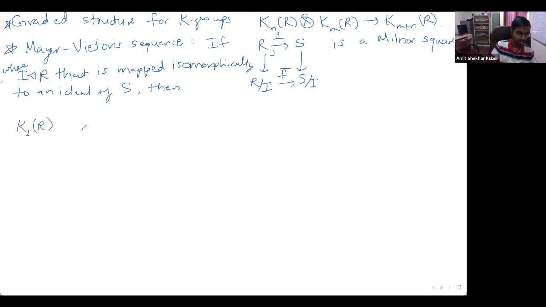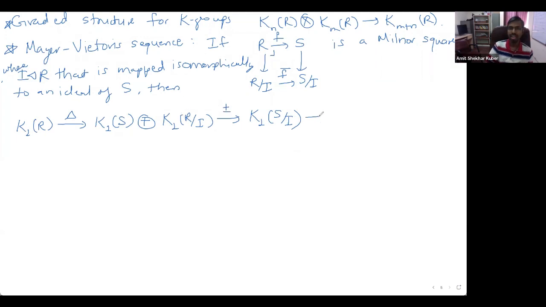If your instructor wishes to do that. So K1 of S direct sum K1 of R mod I to K1 of S mod I. This map is the diagonal, since R has maps to S and to R mod I. And this map is plus minus, just to make it a chain complex.